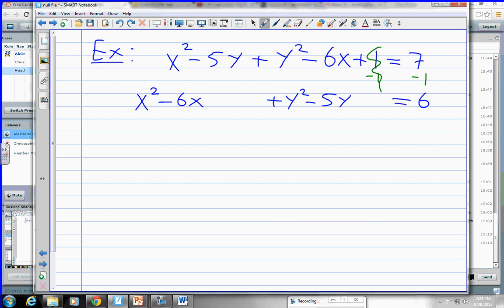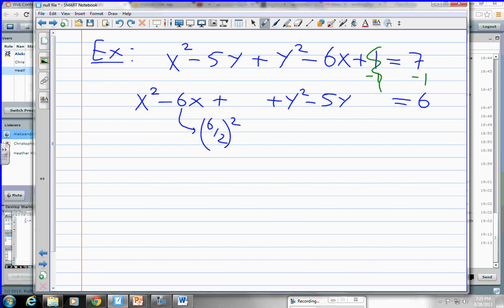So let's try and complete the square. What do we do for the x's? What is missing in order to complete the x's? Oh, come on, we just did that. Break apart 6x. What am I going to do with that 6? Divide by 2, square that.